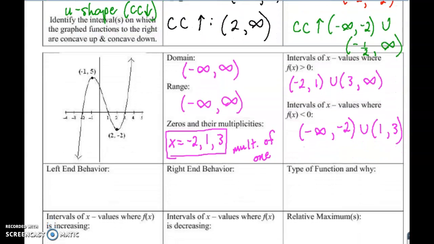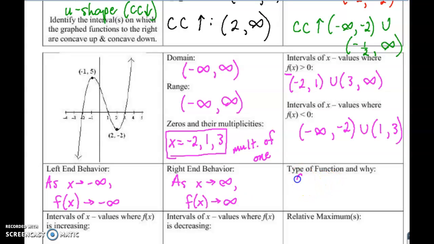So as I'm looking at this, my left-end behavior, we did this as x goes to -infinity. Let's see, they didn't really name it, but up here they called it f. So let's go ahead and stay consistent. f of x is going infinitely down. My right-end behavior as x goes to +infinity, the function is going infinitely up.